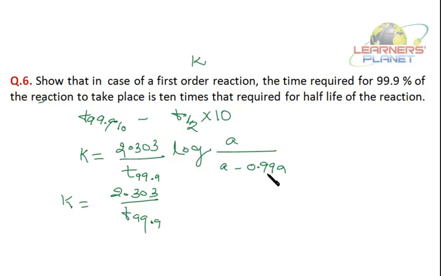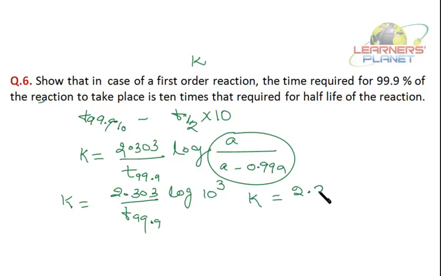It would be 1 by 1 minus 0.999, or it can be written as log of 10 to the power 3. Just solve this, you'll get 10 to the power 3. Fine. So K will be equal to 2.303 by T 99.9 and log of 10 to the power 3. So log of 10 to the power 3 is what? 3.